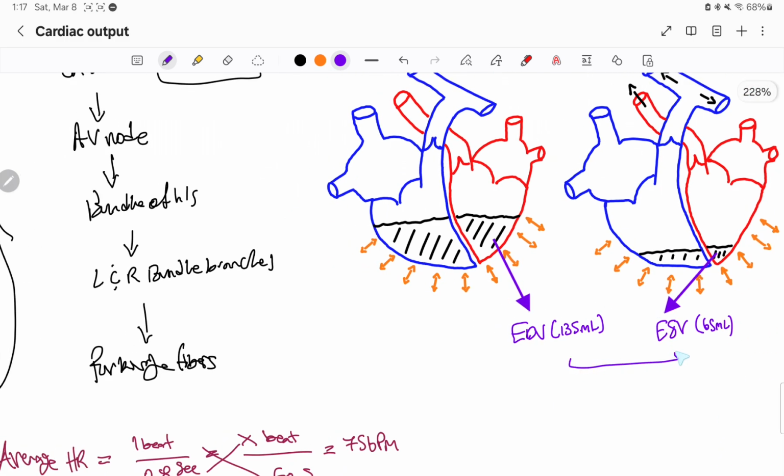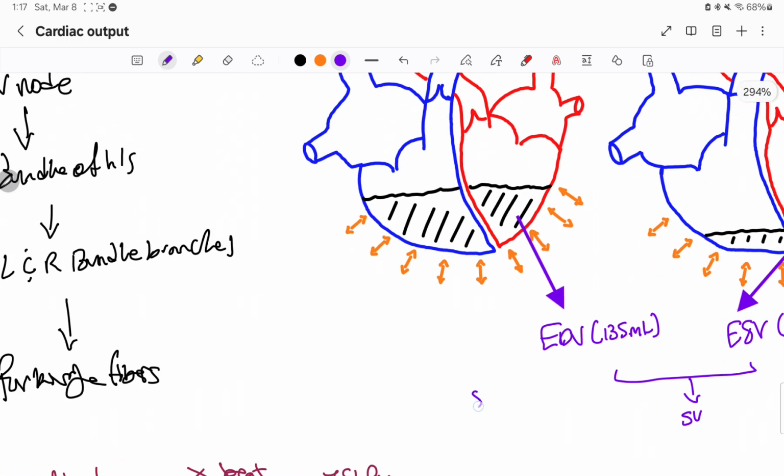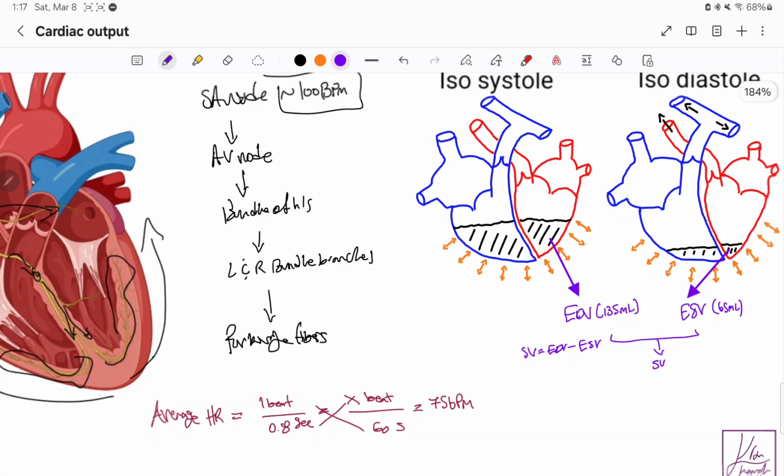Together, both of these will give us the stroke volume. You might be thinking, how so? Again, I discussed it in the cardiac cycle video, but the stroke volume essentially is just your end diastolic volume subtracted by your end systolic volume, okay? Remember, end diastolic volume comes first, okay? If you subtract this from this, you'll get the stroke volume, okay?